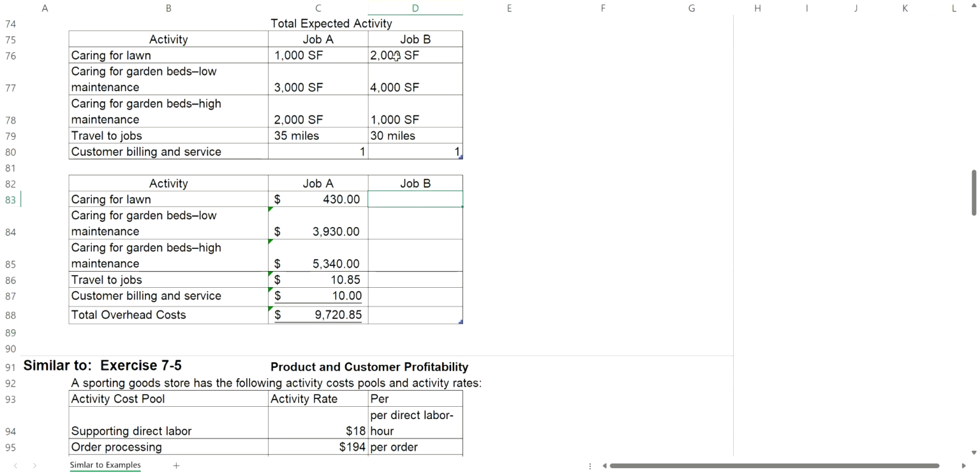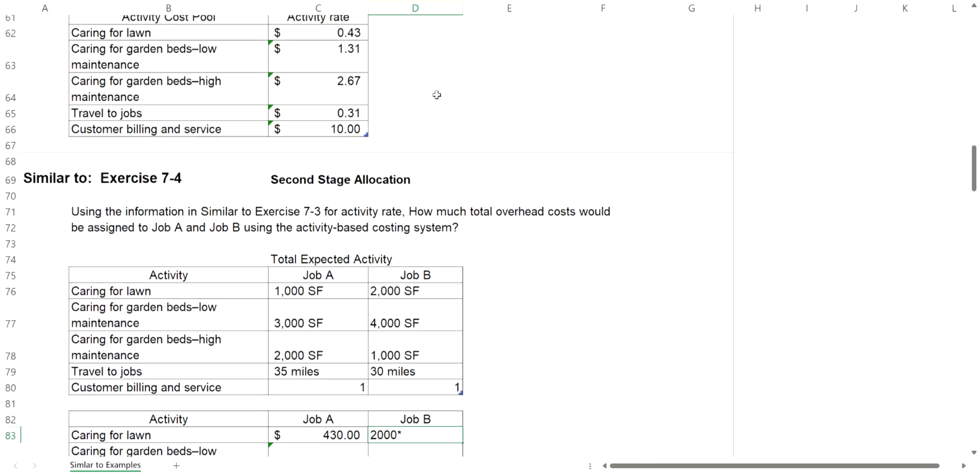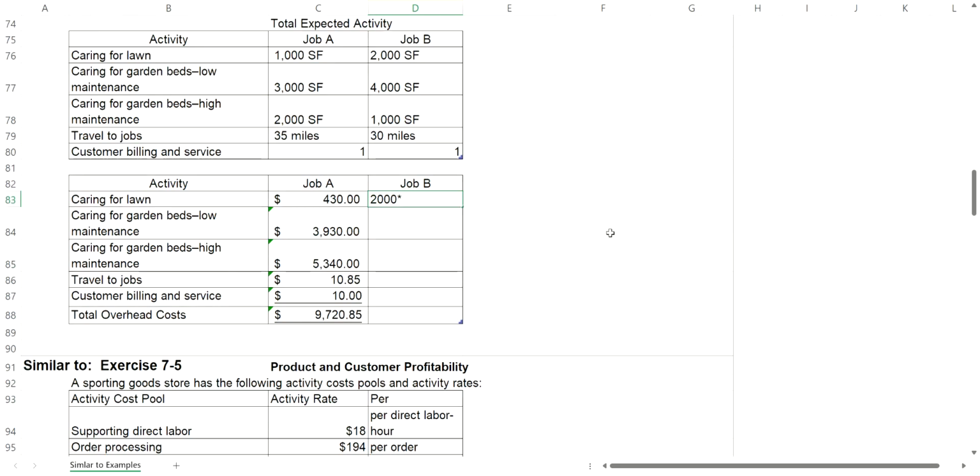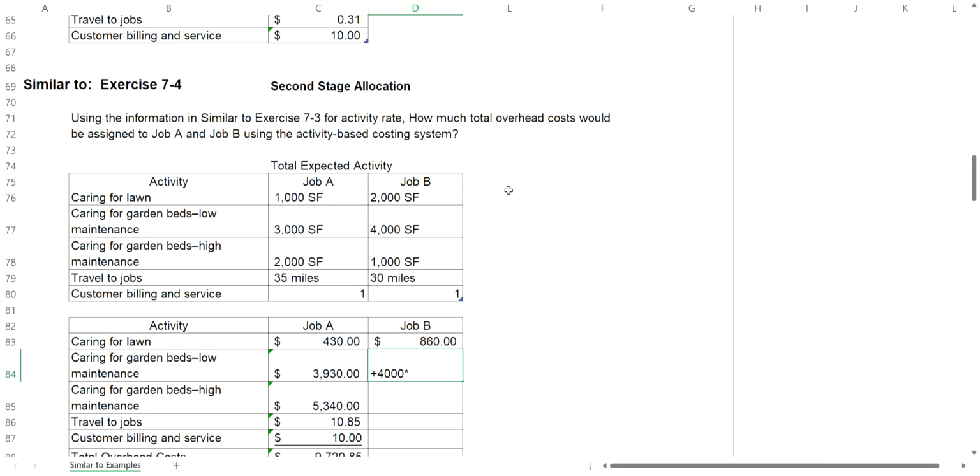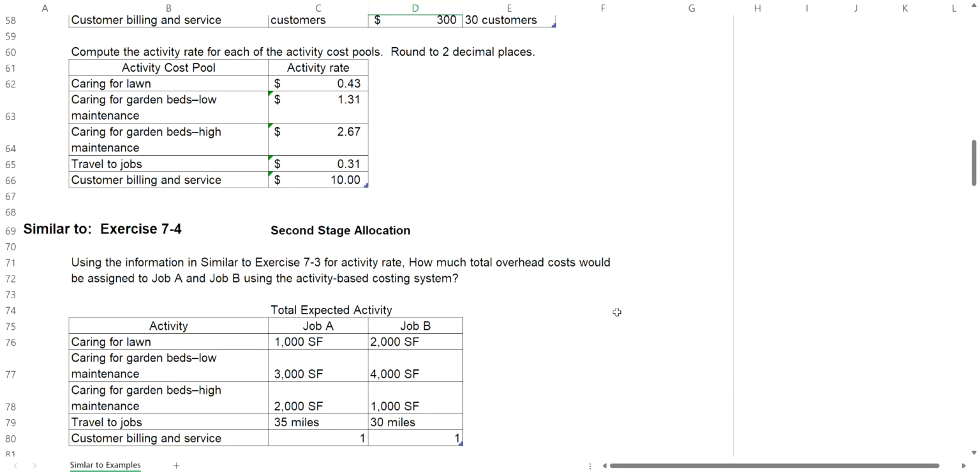Let's go ahead and do the same for job B. So job B, caring for lawn, 2,000 square feet, at an activity rate of 43 cents. Caring for garden beds low maintenance is 4,000 square feet at an activity rate of $1.31.